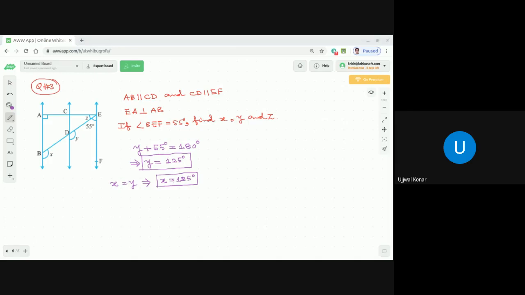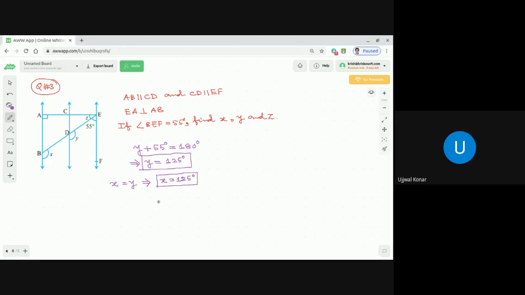Now it is coming to find the value of angle Z. Let's look into the problem statement once more. AB is parallel to CD and CD is parallel to EF. So therefore, AB is parallel to EF. Remember that lines which are parallel to the same line are parallel to each other.